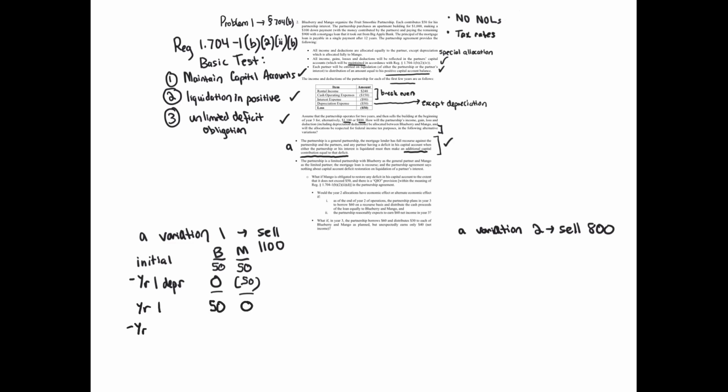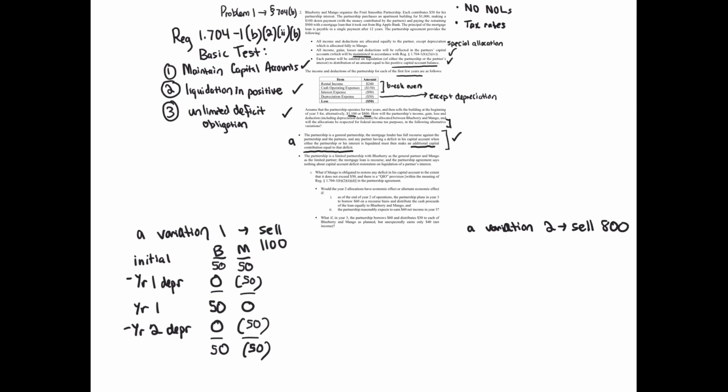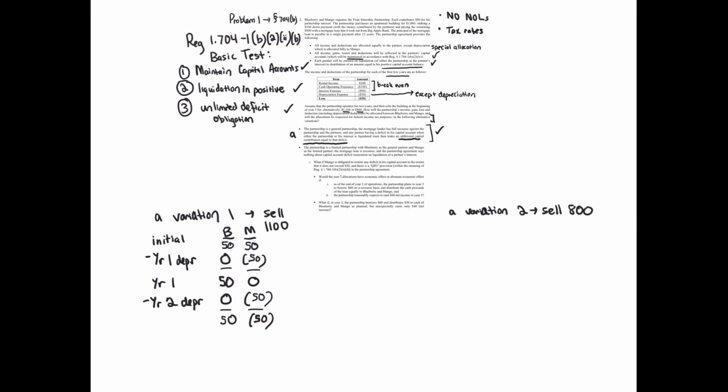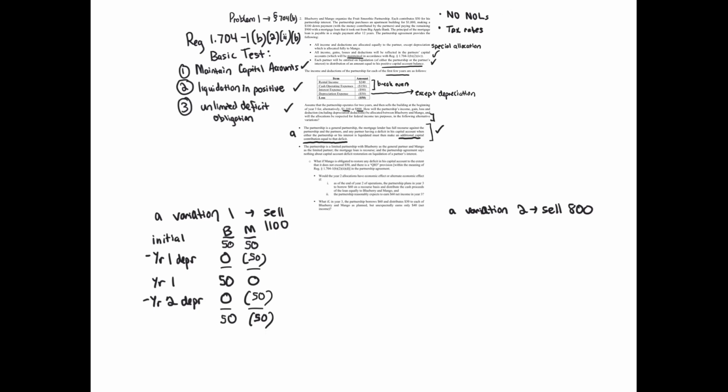Then we've got year 2 depreciation. Again, nothing to Blueberry. Mango minus 50. That brings us with a 50 balance and negative 50. So that's at the end of year 2.